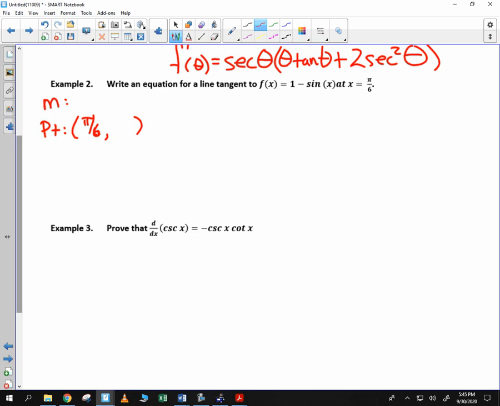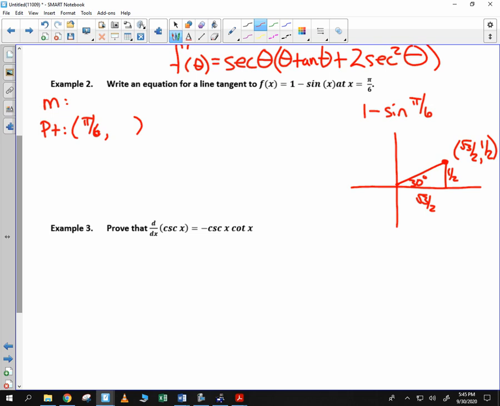And so it's 1 minus the sine of pi over 6. You need to know the sine of pi over 6. Well, let's construct our coordinates by making our special triangle. You know that pi over 6 is 30 degrees. And 30 degrees has a terminal point of root 3 over 2 and 1/2.